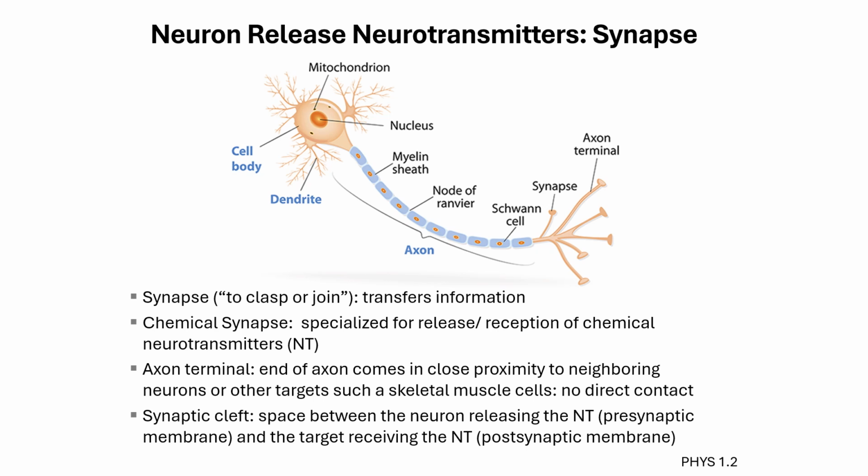A synapse is the place where we're going to be sending the information from this neuron to either another neuron, other neurons, there may be more than one, or to another cell, like maybe a muscle cell, to cause a muscle contraction. So at the end of the axon terminal, we bring the action potential, and then what's going to happen is it's going to reach the end to the synapse. So let's look at that up close in the next slide.